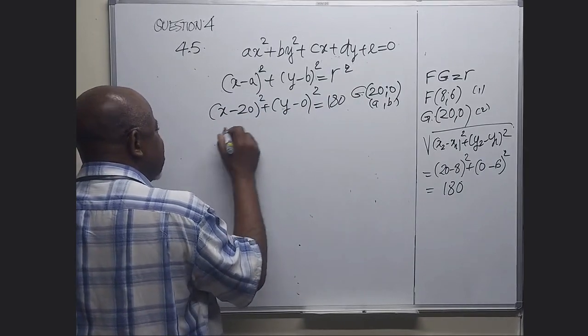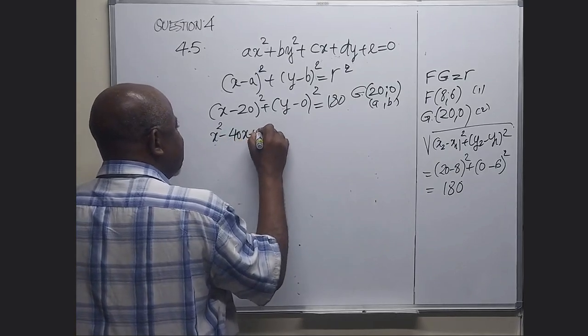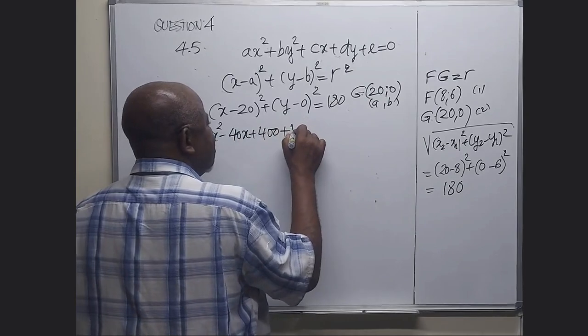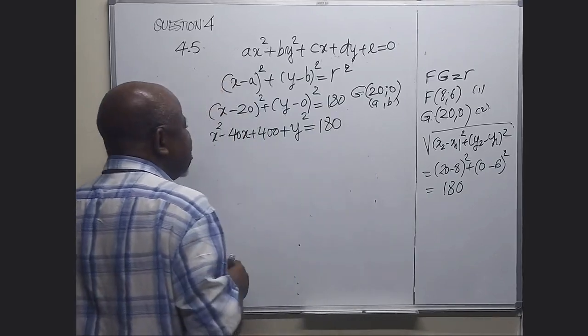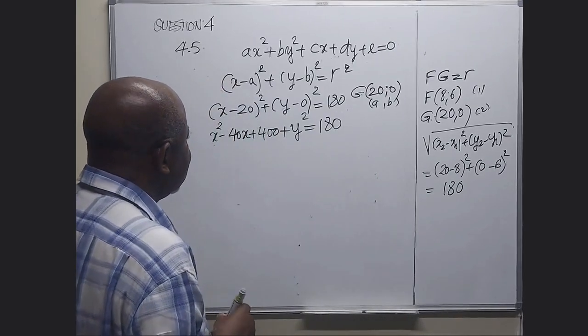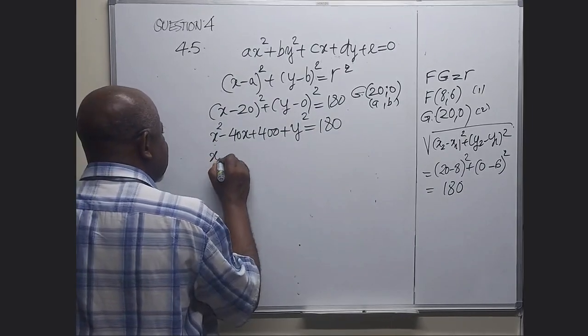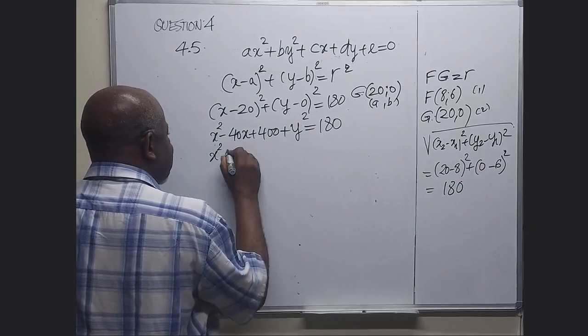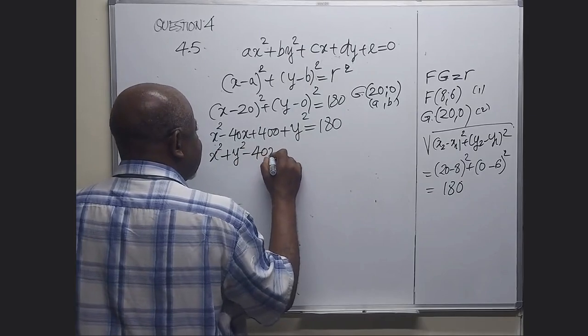So our equation will be x squared minus 40x plus 400 plus y squared is equal to 180. We want to write this in this form. So the equation will be x squared plus y squared minus 40x.